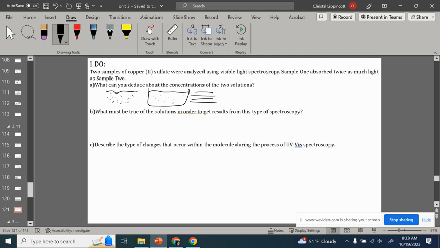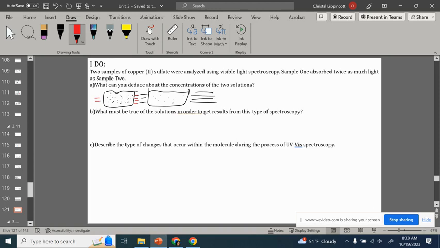I only want 3. Okay? Now, if I do the same thing with this guy, I shine the same light through here. So I got 4 rays of light coming through. Because this is more concentrated, more of that light is going to get absorbed by those particles, and less of it's going to come through.